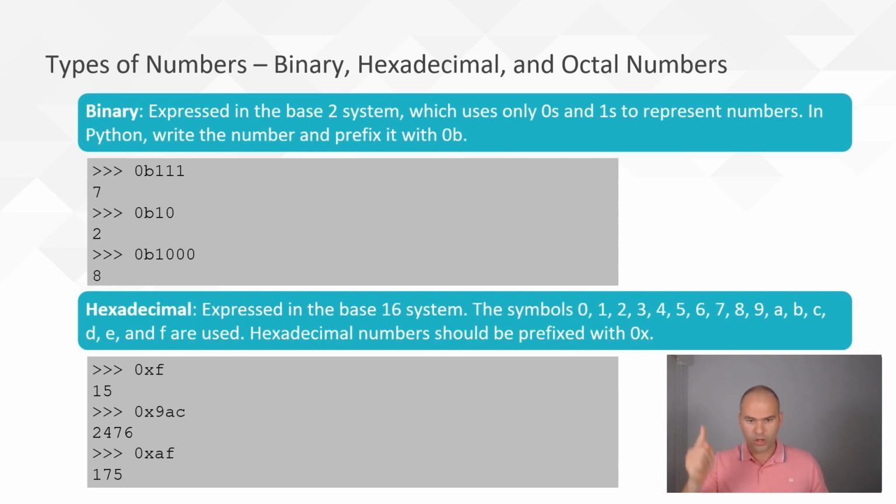So F is 1111. And if you combine them into one big binary number, that number evaluates to 175. So the range for these 2-letter hexadecimals is 0 to 255, which is a byte, which is how colors are encoded in RGB systems, which is where you're going to come across hexadecimals.